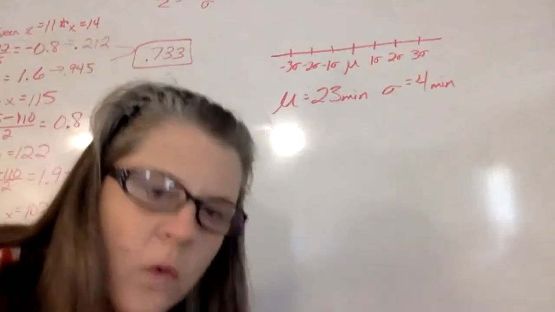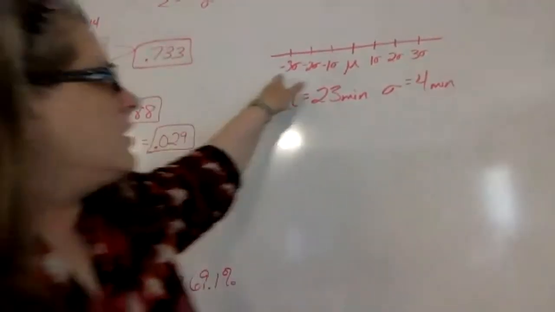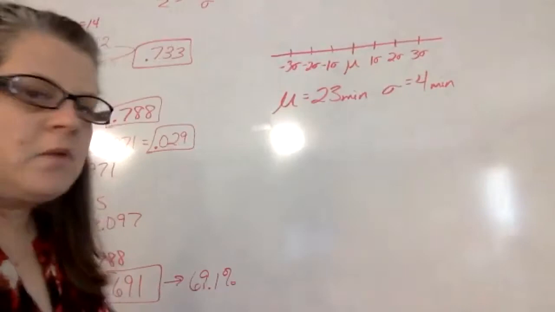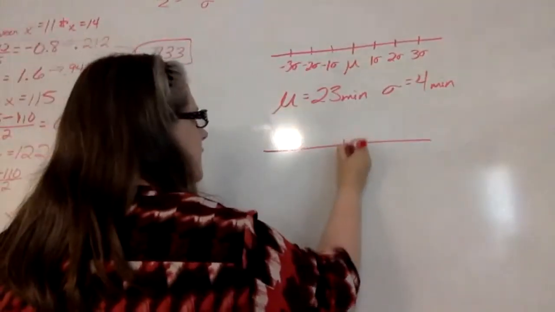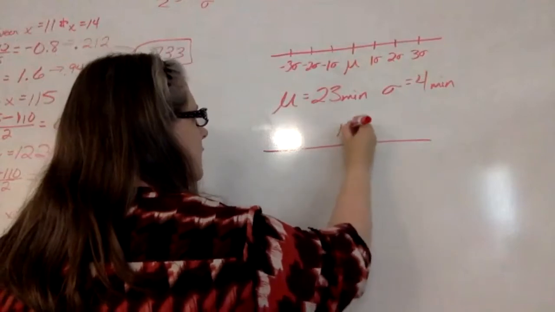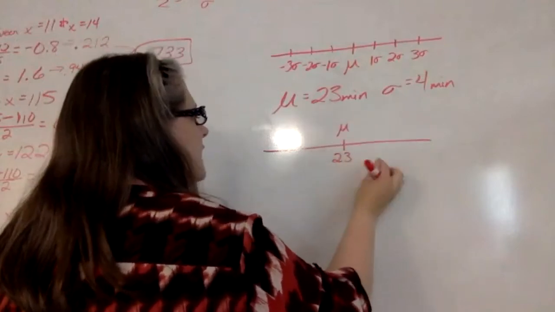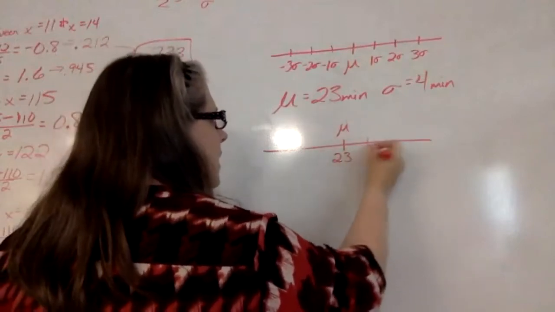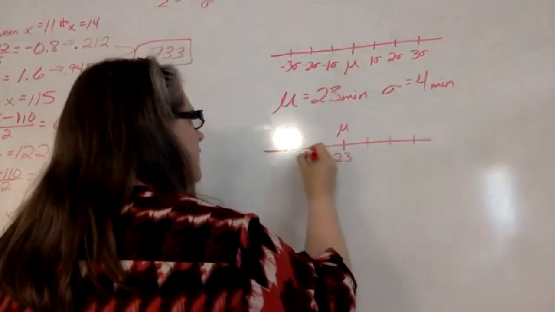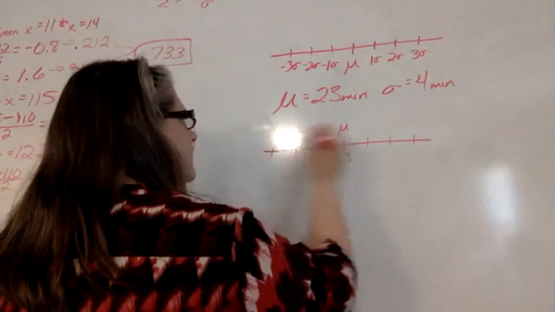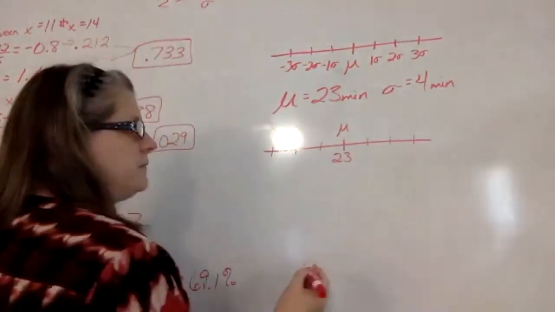Okay, so we use those numbers on one of these. Okay, so my center number, my mean, was 23 minutes. Then for each one of these other marks, I'm going to add 4 going this way or subtract 4 going this way because that's my standard deviation.